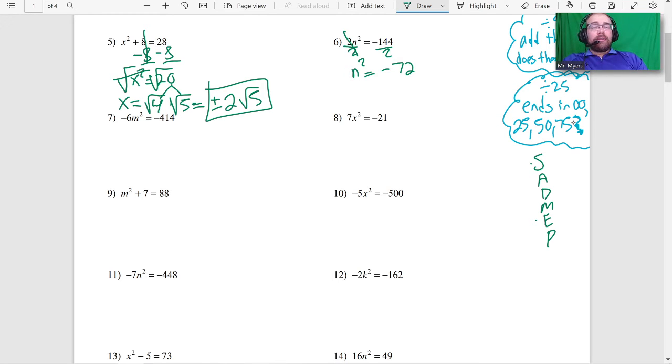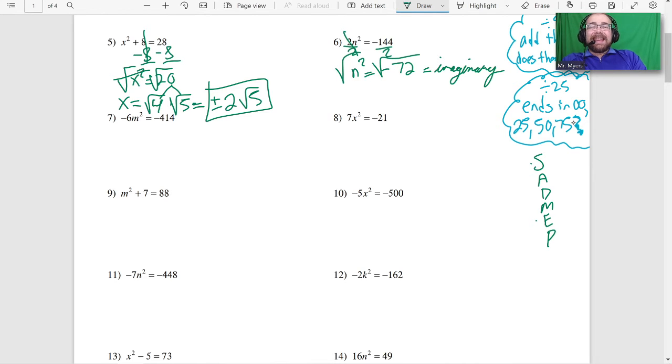Get the squared term by itself first, and then if the squared term is equal to a negative, then you're done, because I can't take a square root of a negative. This number is what's called an imaginary number. Imaginary. It's like the opposite of real, basically. Right? There's real and there's imaginary. Literally the opposite of a real number is an imaginary number.